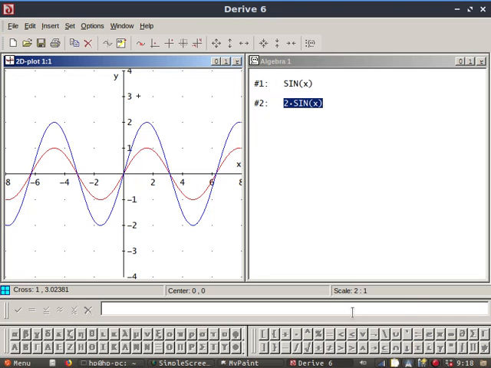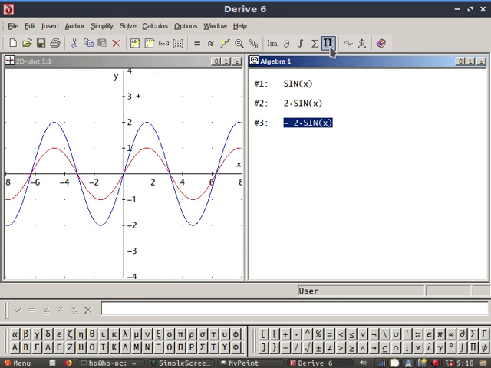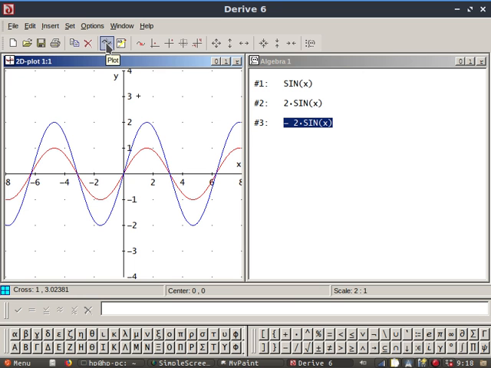So I'll show you here, if I say minus 2 sine x, look at the blue graph and imagine you flip it upside down. Let's see what we get. You get that black one there. Can you see that? So it gets flipped upside down.